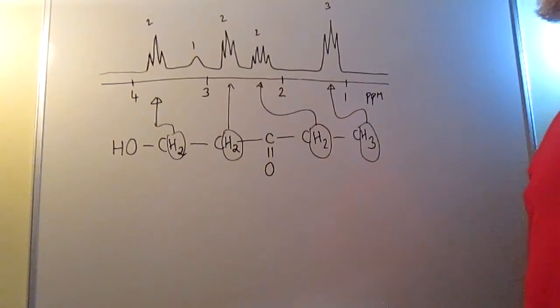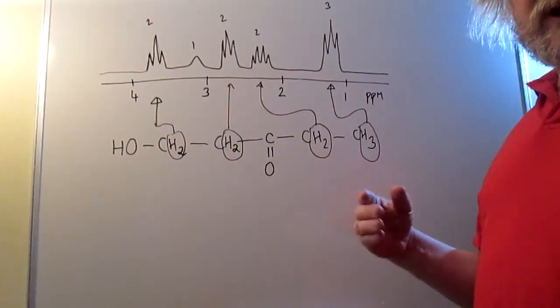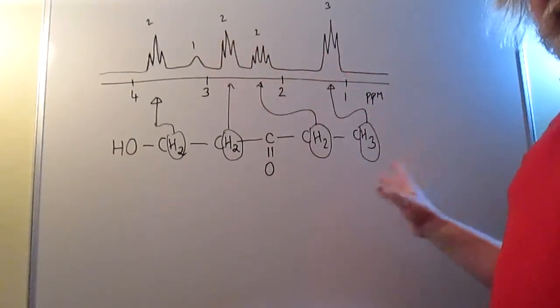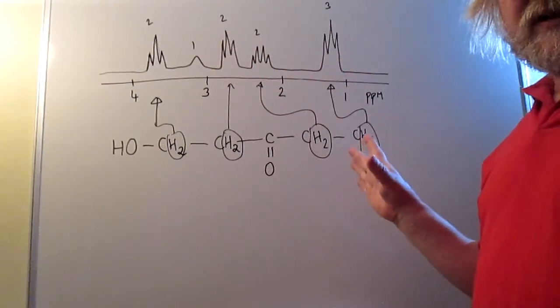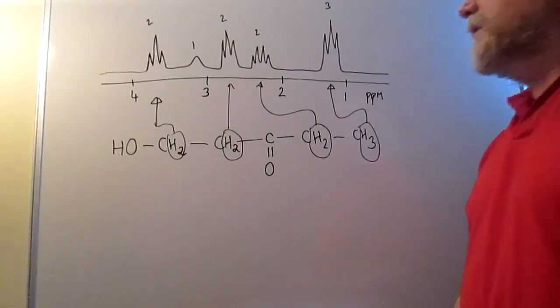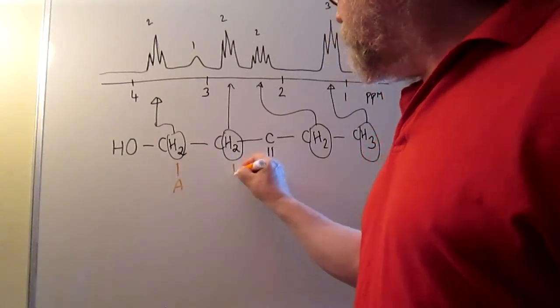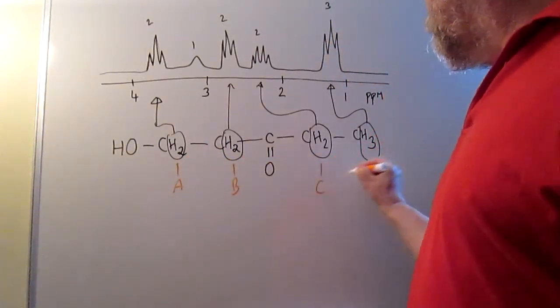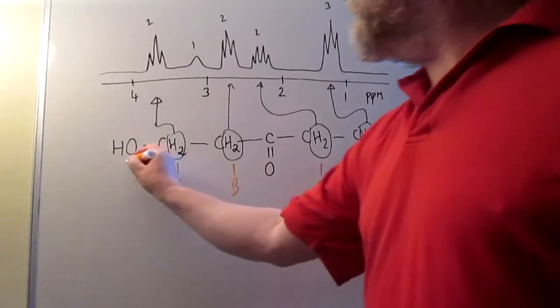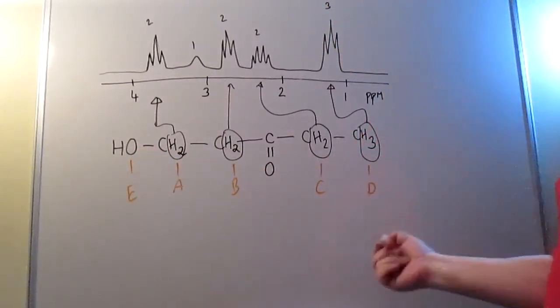Having worked it out, it's really important you make sure that everything's accounted for fully in your explanation. It's a good idea to do that working out in rough first and then start going through it peak by peak. And a good way to do it actually is just to label that set of hydrogens A and B and C and D and E, or possibly even in alphabetical order might be even better. It doesn't really matter.